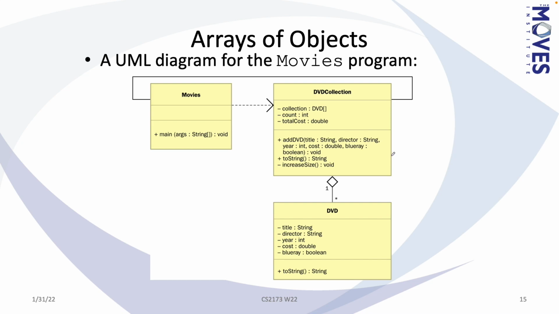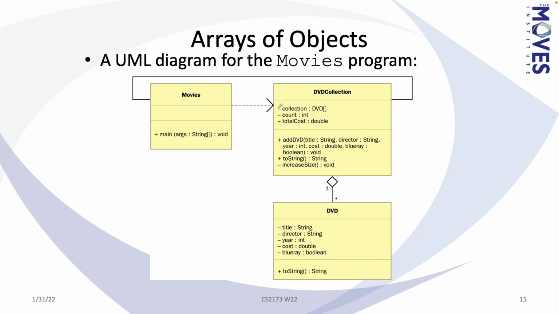Now, this is the classic way of representing UML, because they wanted it to represent any language. It's language independent. But if you're doing Java, if you notice, for example, that they put the type after the variable.